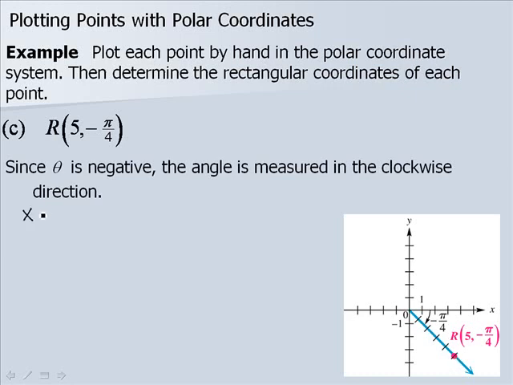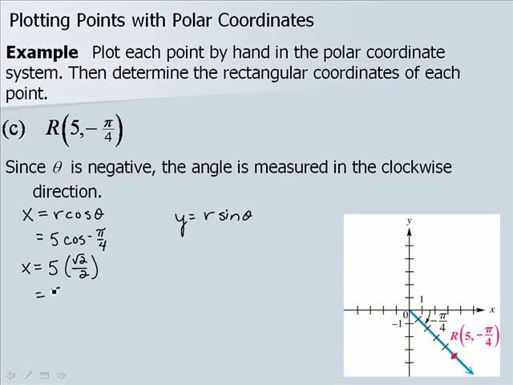So let's find our rectangular coordinates. So x will be equal to 5 times the square root of 2 over 2, or x is equal to 5 square root of 2 over 2.